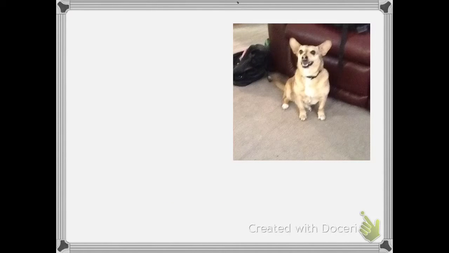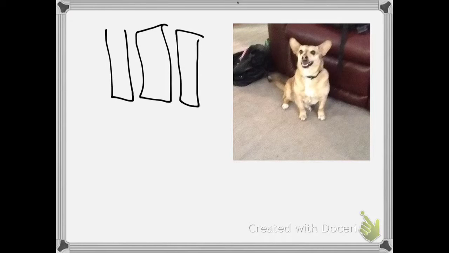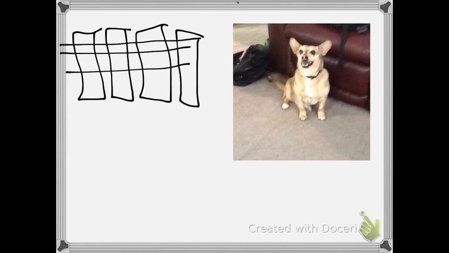Whenever I think of perimeter, I think of a fence, because a fence is the distance around your backyard. So when I think of perimeter, I think about the distance around my backyard. And then I think about my dog, because my dog needs a fence to stay in the backyard.